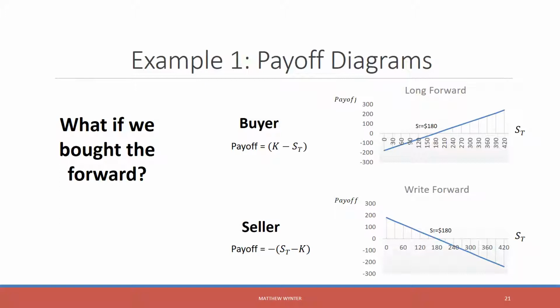Notice how if the spot price is below 180, if we were to buy forward, then we're unhappy with our hedge. Why is that? Because we'd be losing money. It's the exact opposite of whether or not we sold forward. So we've got to figure out a way to do better than that. Meaning there has to be another hedge strategy that we can use that doesn't have these large negative expected values.